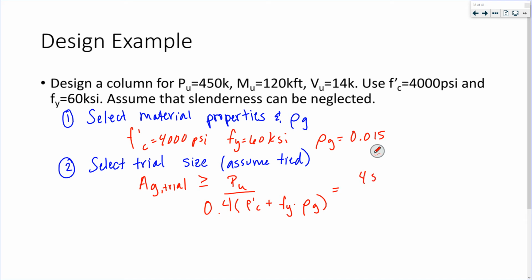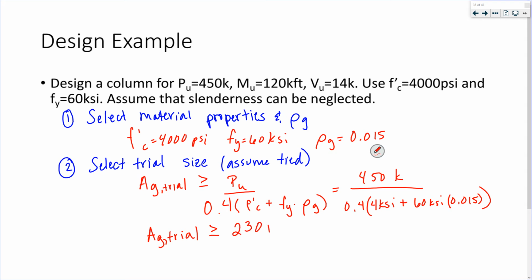So 450 kips over 0.4 times (4 ksi plus 60 ksi times 0.015). We should get about 230 inches squared.